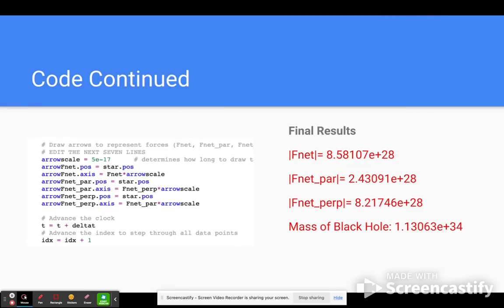For the code continued, this left side just shows me establishing the arrows pointing inward, showing centripetal acceleration. For the final results, F net equals 8.58 times 10 to the 28th, F net parallel equals 2.43091 times 10 to the 28th, and F net perpendicular equals 8.21746 times 10 to the 28th.